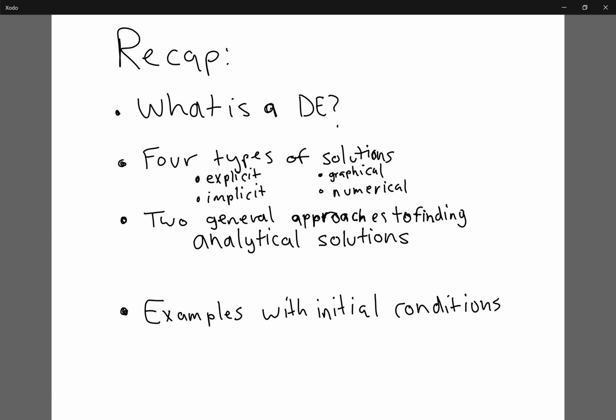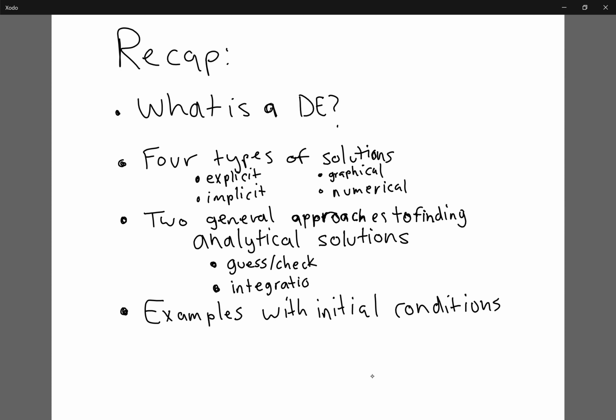Okay, we also introduced a couple of different general approaches to finding analytical solutions. Now, we will unpack these a lot more in the weeks to come, but the main types of methods that we have at our disposal are things that are based on intelligent guessing and checking, and techniques that are based around integration. Okay?